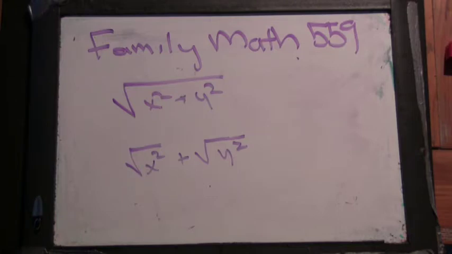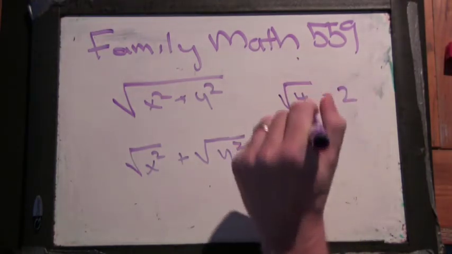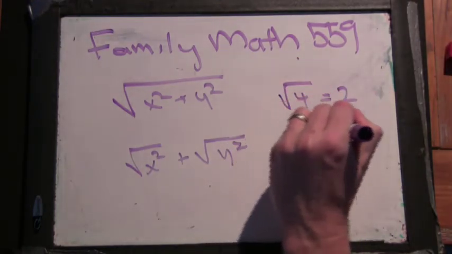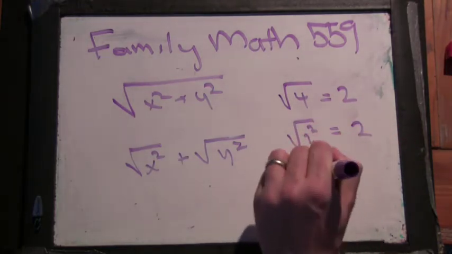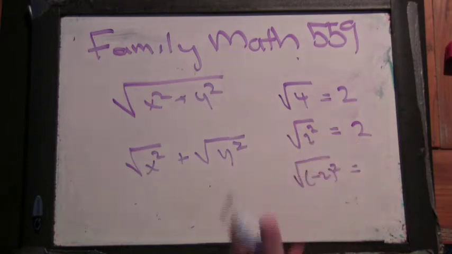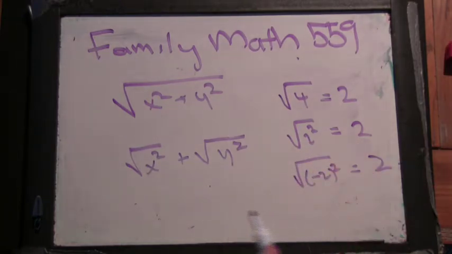That's why this is a little tricky. So the square root of 4 is 2, which means the square root of 2 squared is 2. That also means the square root of minus 2 squared is 2. So does that tell you what the square root of x squared is?